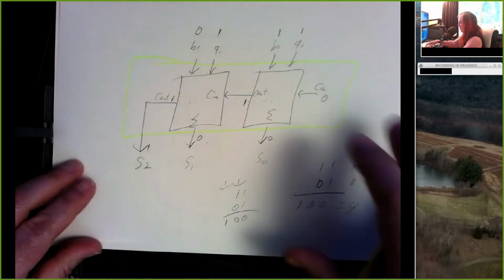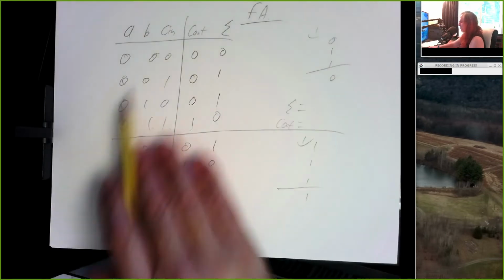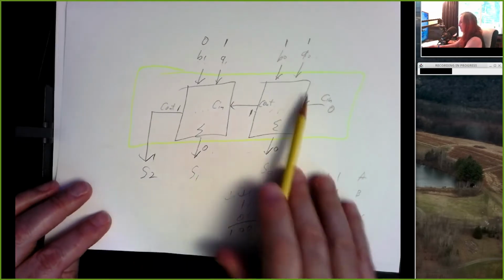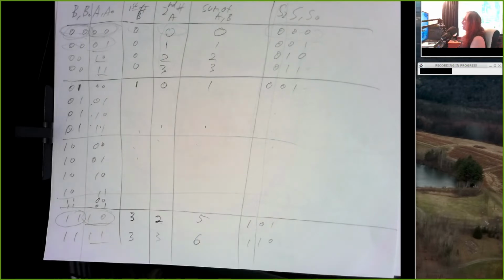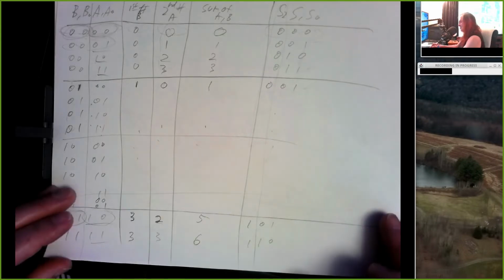Because the equations for this and the circuit from this have nothing to do with this. So the equations you come up with in step 3 will not get you to the final circuit you're going to build. So you have to talk about that in your lab report and say these equations are very complex, so instead I'm going to use a half adder, full adder design.